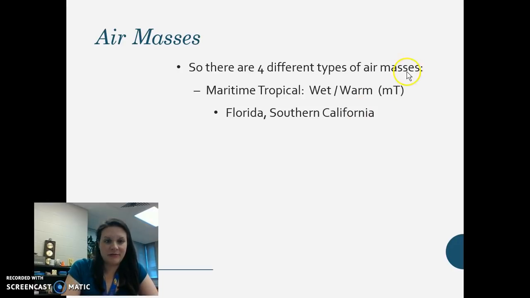So make sure you write that down. Little m, big T. Some examples of where maritime tropical air masses would form or where they would affect mainly would be like Florida, if you're looking at one side of the country, and on the other side also would be like Southern California.